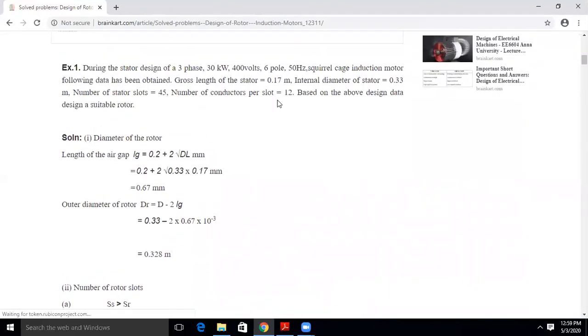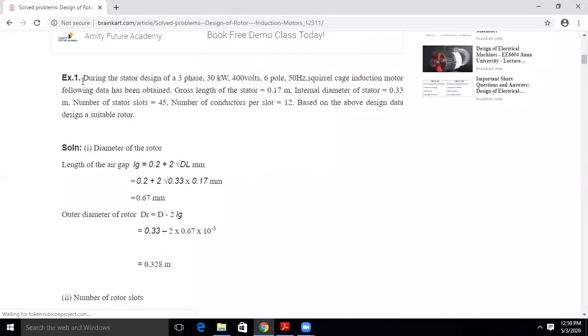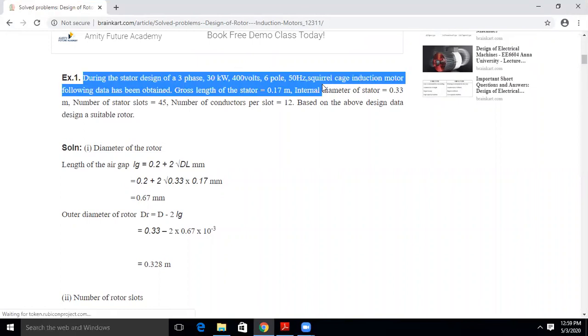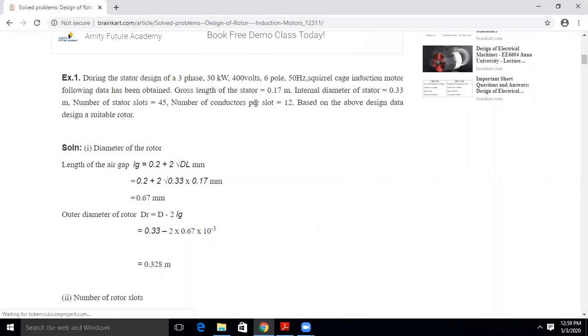Still we'll have something else: during the stator design of a 3-phase 30 kilowatt 400 volt 6 pole 50 hertz squirrel cage induction motor, the following data has been obtained. The gross length of the stator is 0.17 meter, the internal diameter of the stator is 0.33 meter, the number of stator slots is 45, and the number of conductors per slot is 12. Based on the above design data, design a suitable rotor.